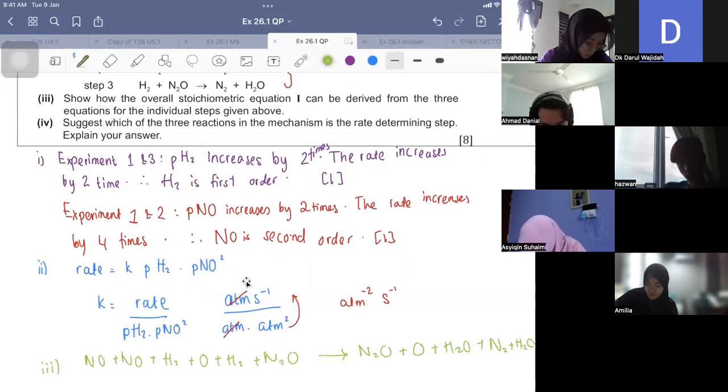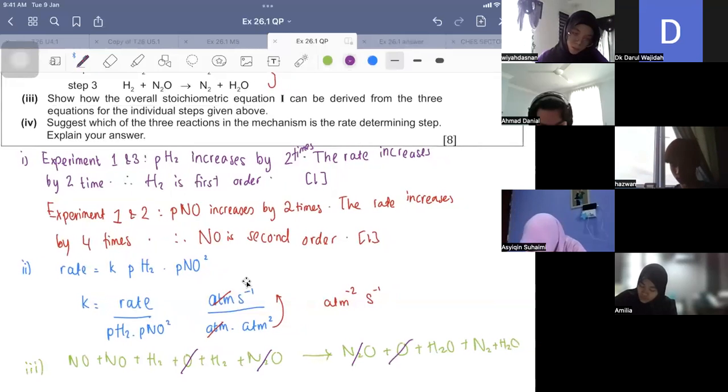Anything that cancels out is your intermediate. So it looks like the oxygen atom is your intermediate here. What else? N2O is also an intermediate because it doesn't appear in your overall equation.